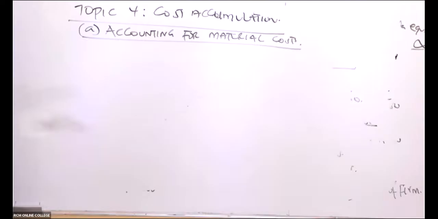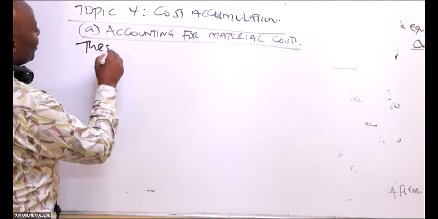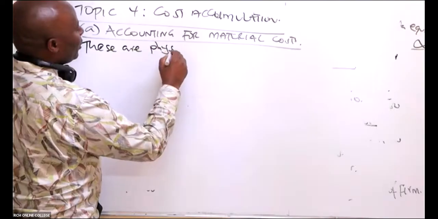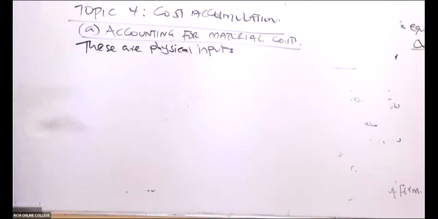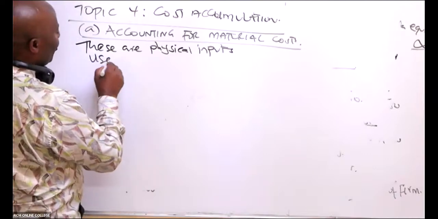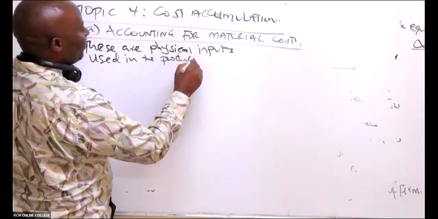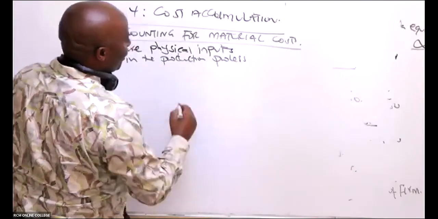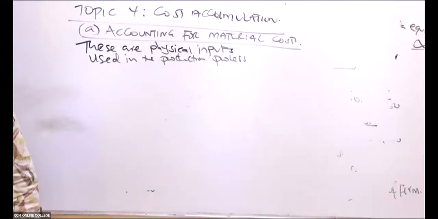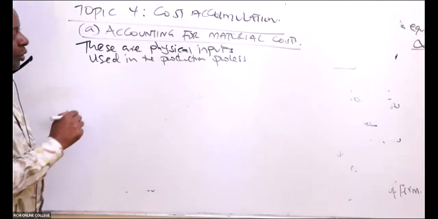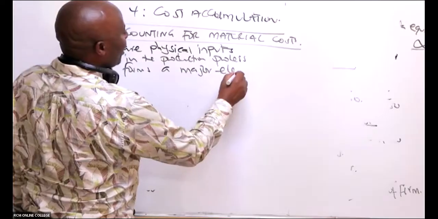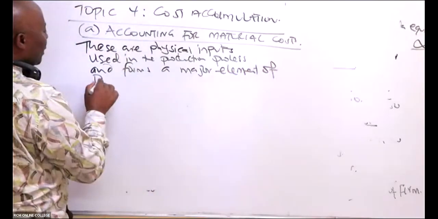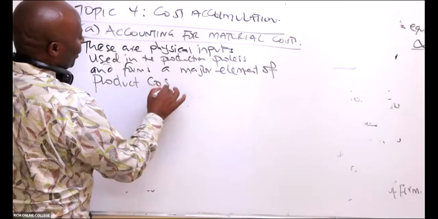So tell us right away as an introduction that materials are physical inputs used in the production process, and it forms a major element of product cost.